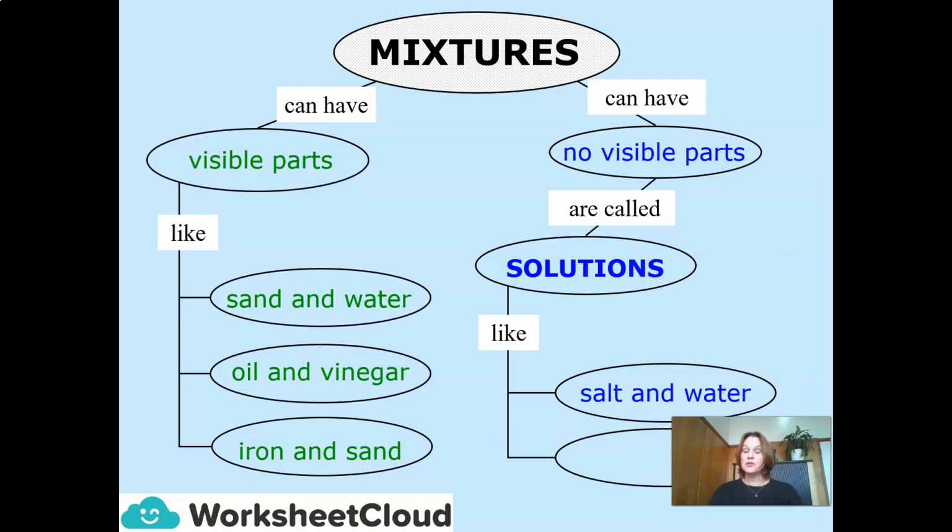For example, salt and water may form a saltwater solution, or that famous one that we all love to drink, Kool-Aid or ORS, things like that. Now, by no visible parts and forming a solution, we know that, for example, salt and water, salt can dissolve in the water and we can't see the different components. Right? We're not able to actually see the salt and the water separately. It forms one solution.